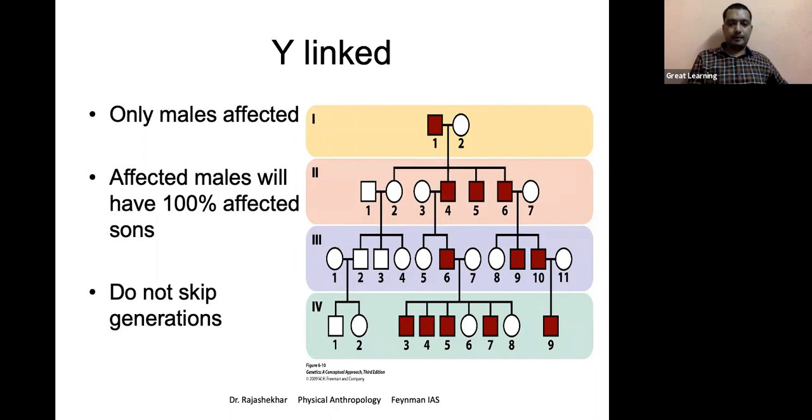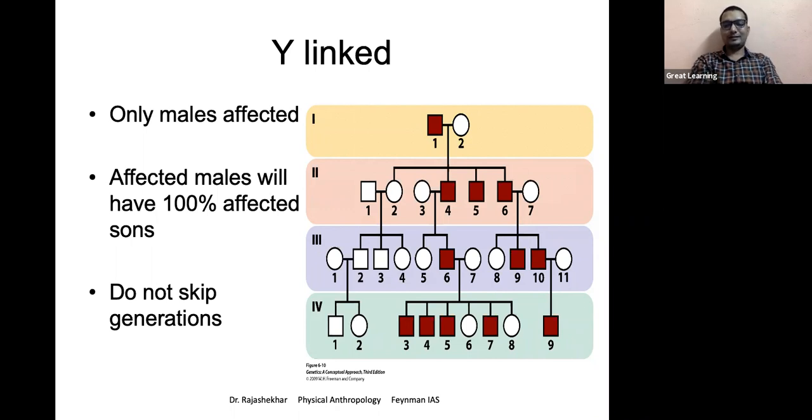Next. Any diseases for Y-linked cases? If an affected male doesn't have sons, then what do you think will happen? Generation could be skipped now. Okay, skipping generations refers to having children who are not affected.